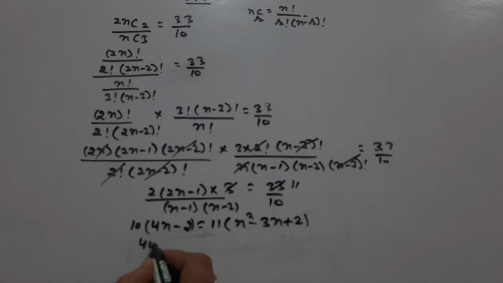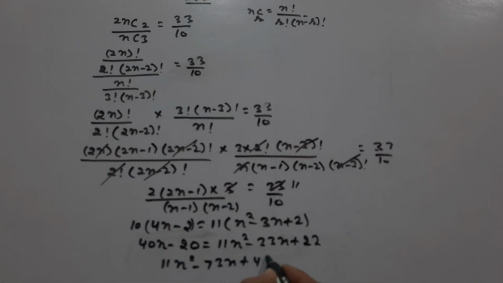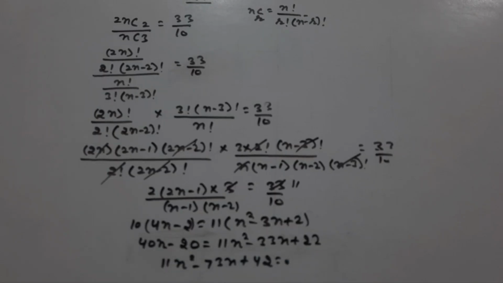So we get 40n minus 20 equal to 11n square minus 33n plus 22, and we get 11n square minus 73n plus 42 equal to 0.